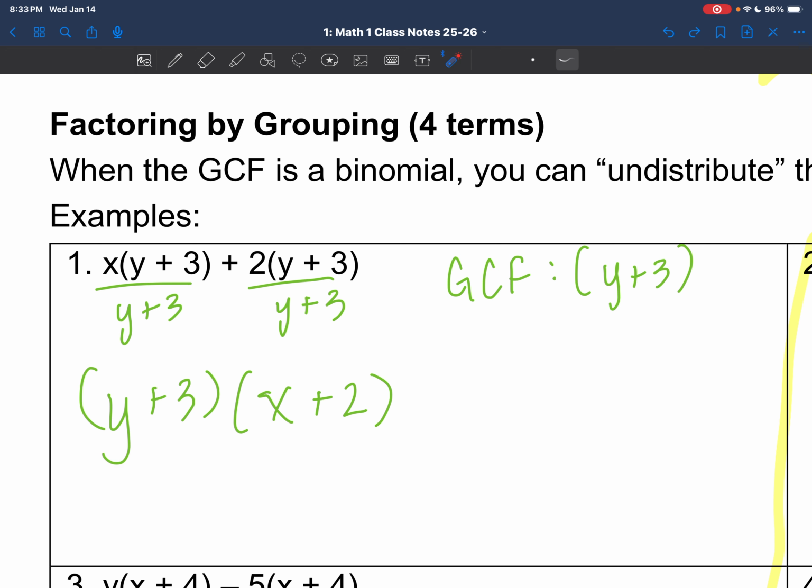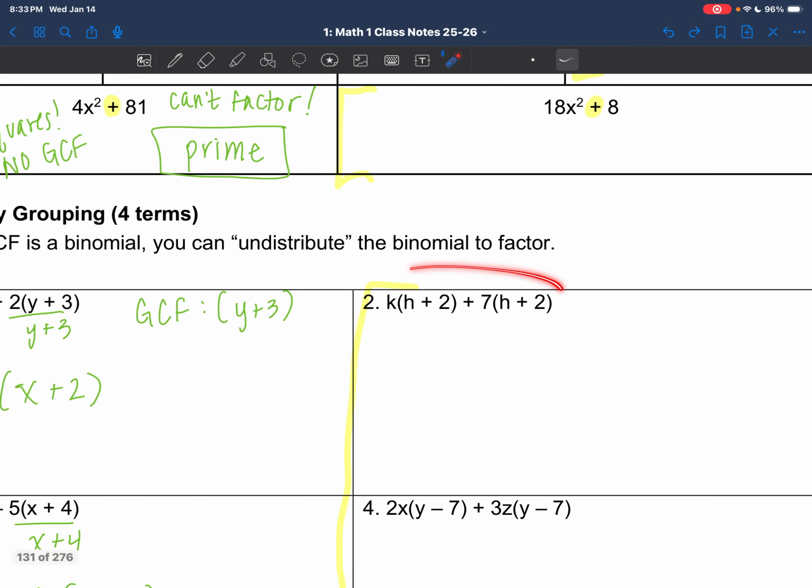So now that we've divided that, those cancel out, and I'm only left with x. And then those cancel out, and I'm left with the plus 2. So we're just taking this as one term, and then these two as your other term. So go ahead, try this one.